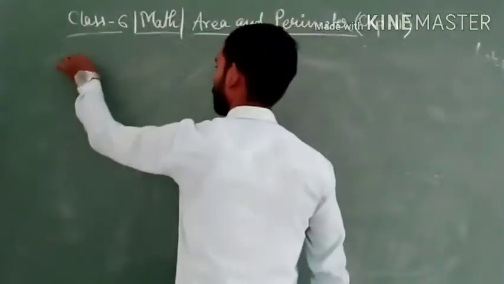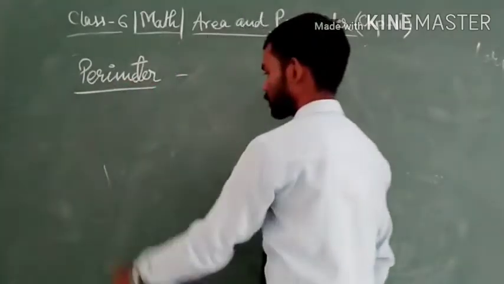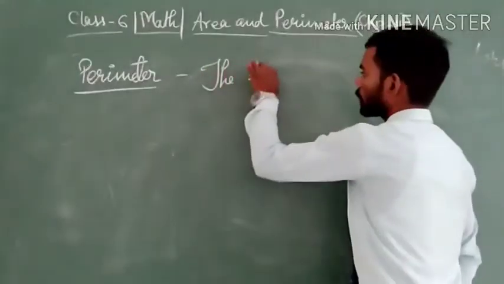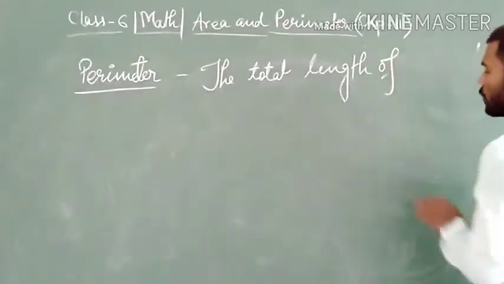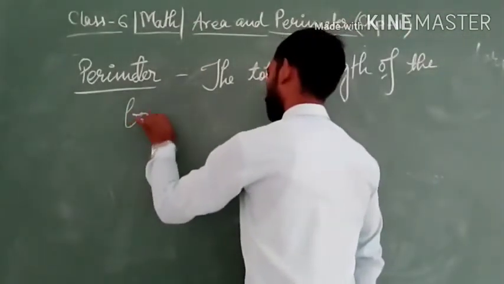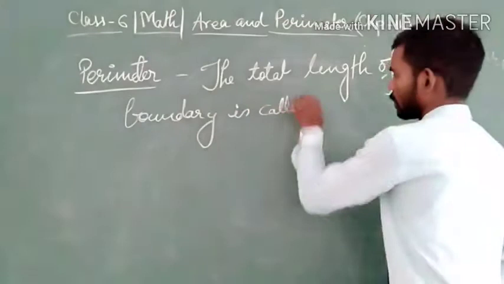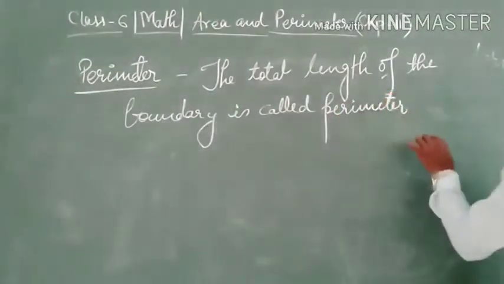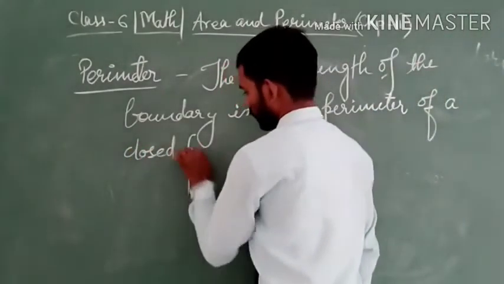Now let us see perimeter. The total length of the boundary is called perimeter of a closed figure.